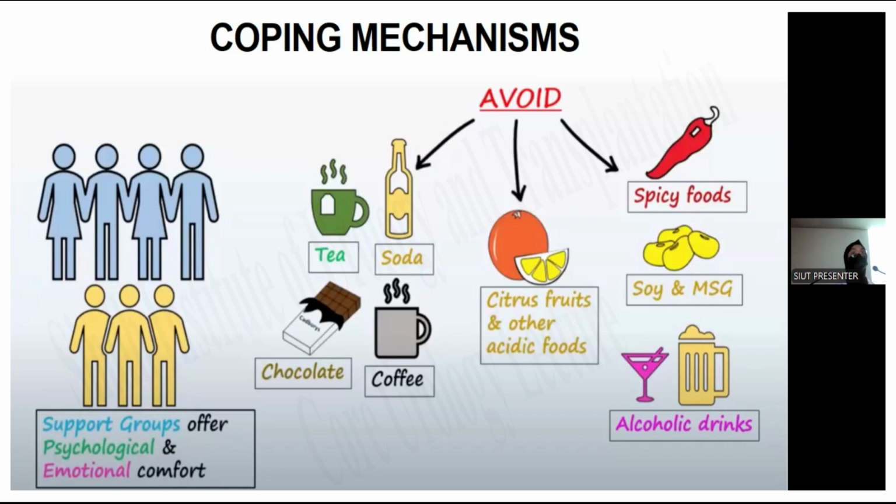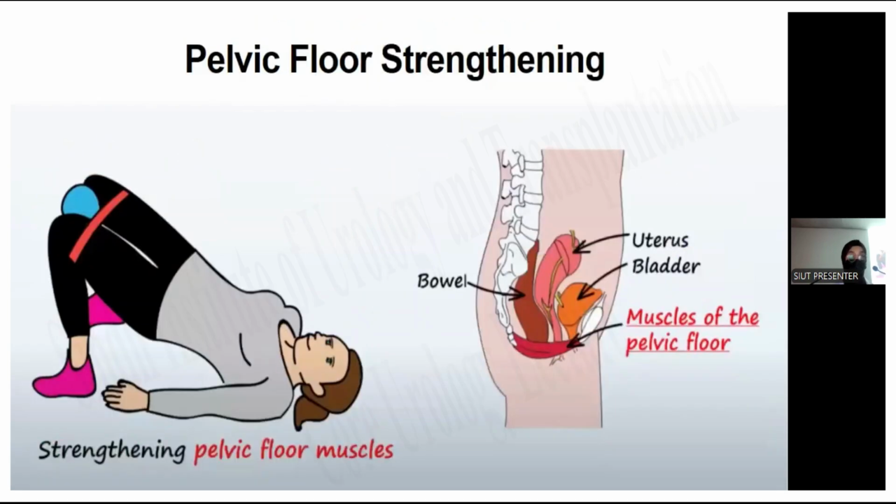Patients are advised to avoid caffeinated drinks, avoid foods that trigger symptoms, and most commonly reported are spicy foods, citrus fruits, alcoholic drinks. And as Dr. Karim shared with us, the presence of support groups that offer psychological, emotional support to these patients have played an important role since a very long time.